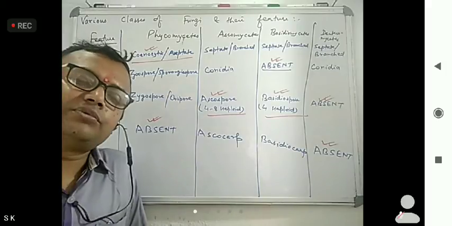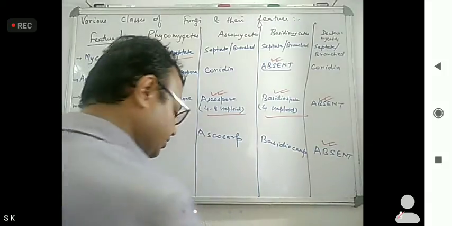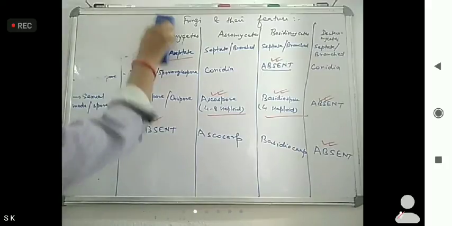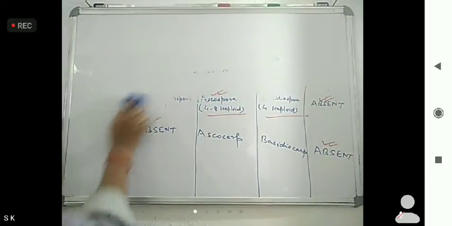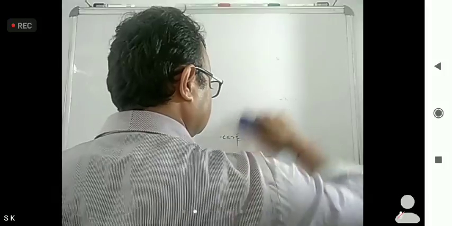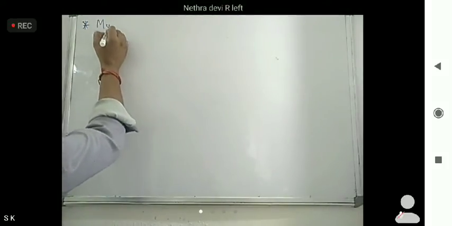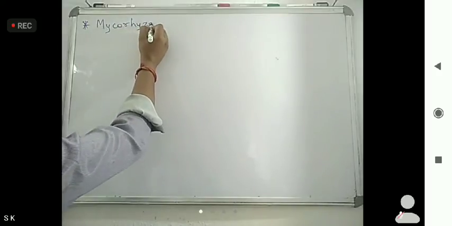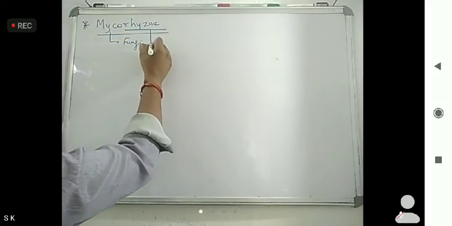Now next we come to some members belonging to fungi, like mycorrhizae and lichens. Mycorrhizae: myco means fungi and rhizae means roots.